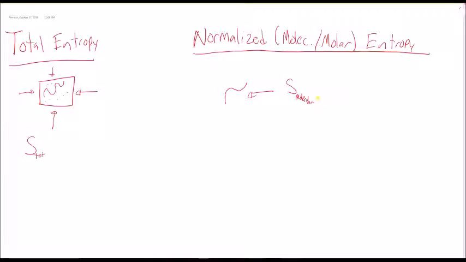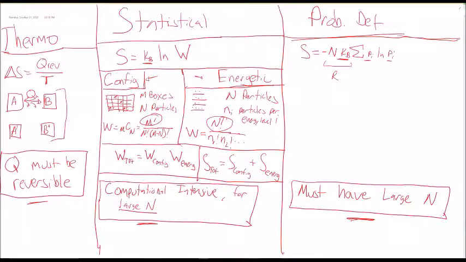So a big issue people have in this class is when they see the standard definitions of entropy, like I talked about in the last video, they immediately jump to the units. In the statistical definition and the probabilistic definition, they see K Boltzmann, the Boltzmann constant.